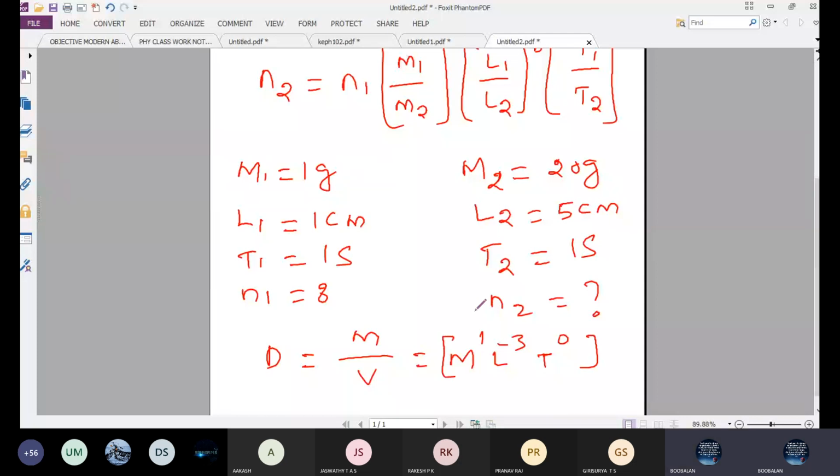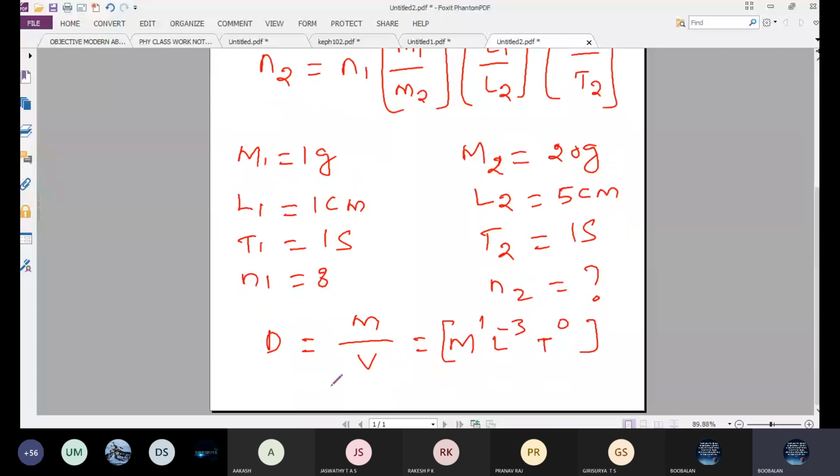ABC value: A value 1, B value minus 3, C value 0.